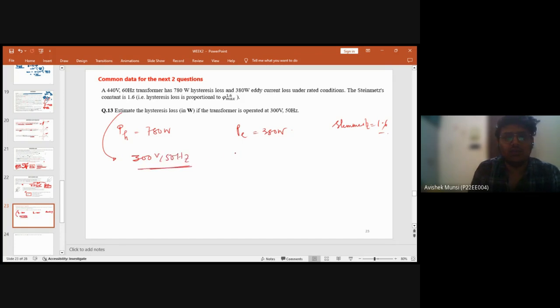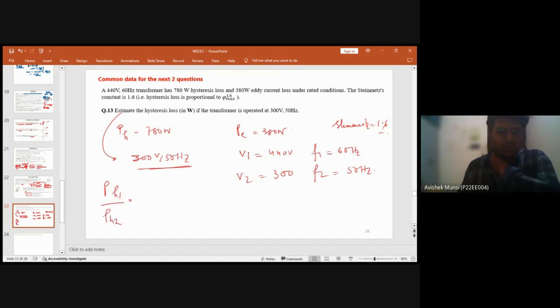First, it was working at V1 of 440 volt, F1 60 hertz. Now V2 becomes 300, F2 becomes 50. Okay. So Ph1, Ph2, try to solve in this way. Given 2 minutes.